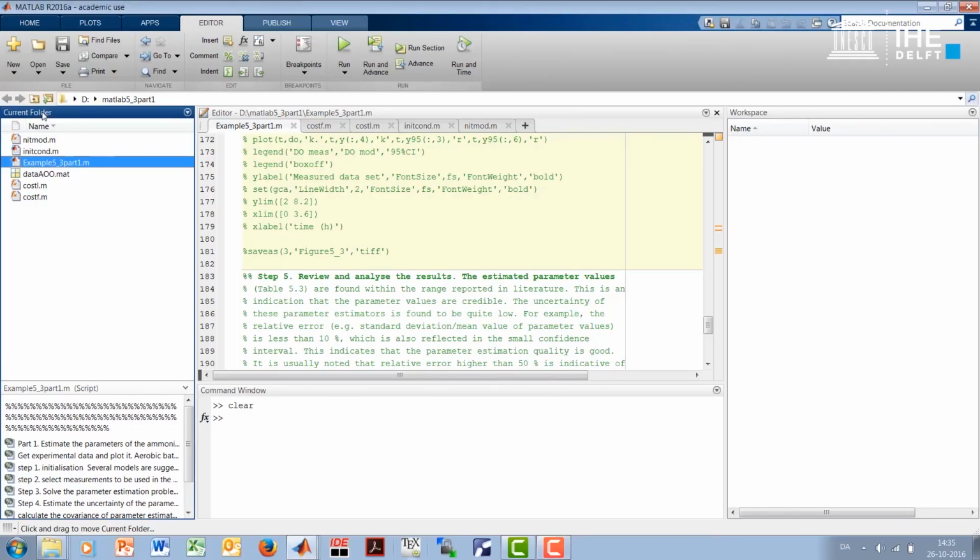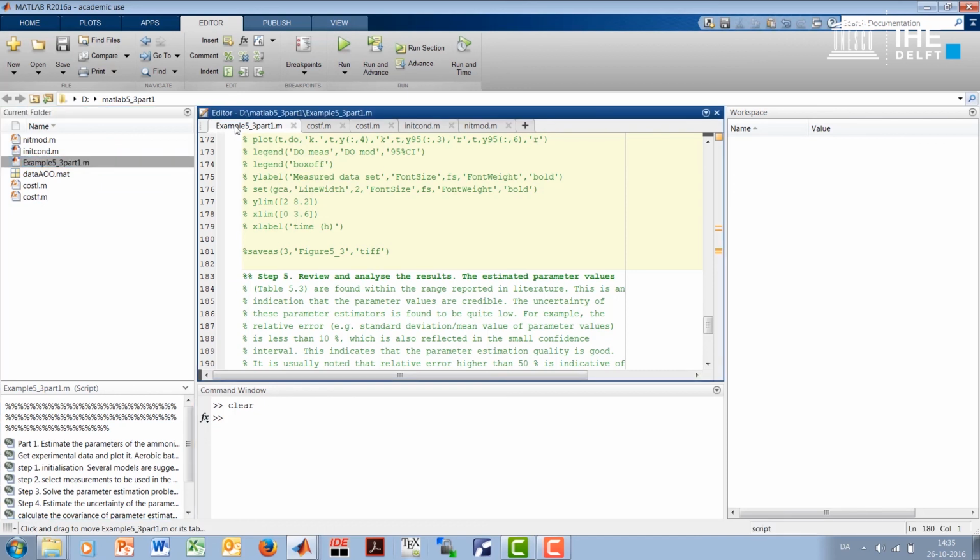In the current folder, we can see 6 files implementing parameter estimation in MATLAB. The main file is example5_3 part1.m, which executes all the workflow, including the subfiles.